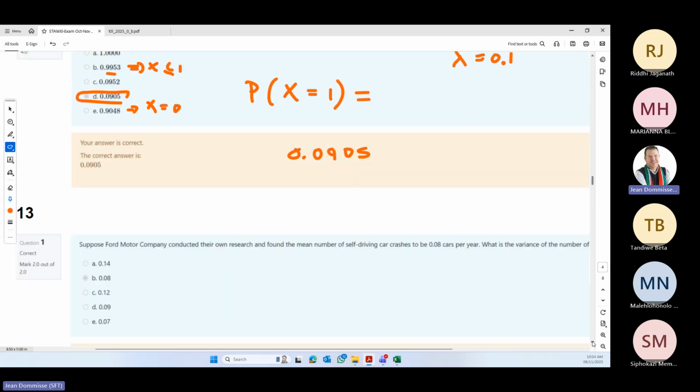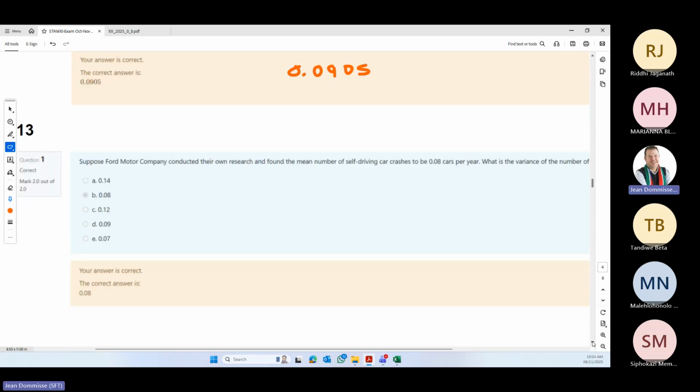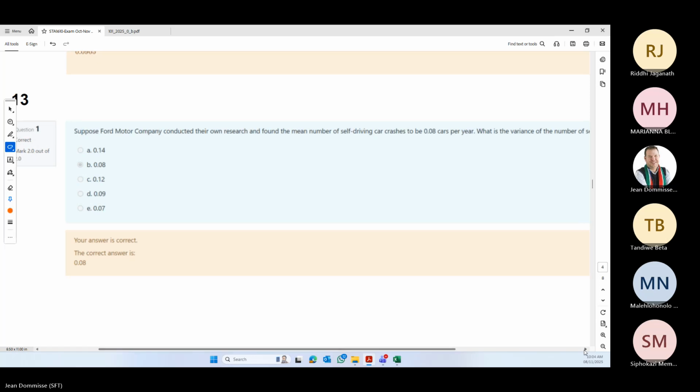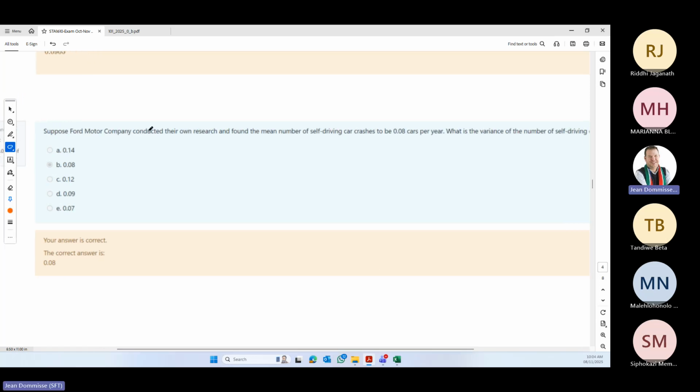Okay, and then another Poisson. Suppose Ford Motor conducted their own research and found that the mean is 0.08. What is the variance of that? Okay, so lambda is 0.08.